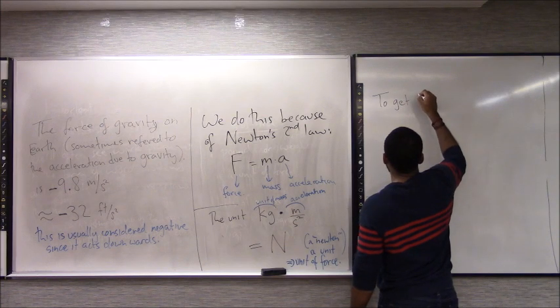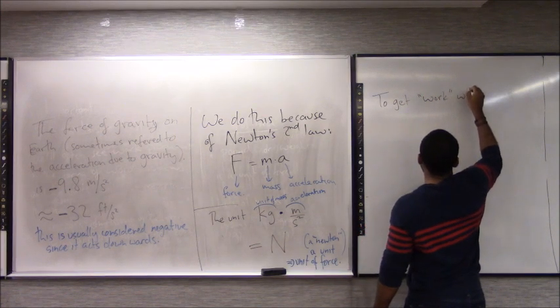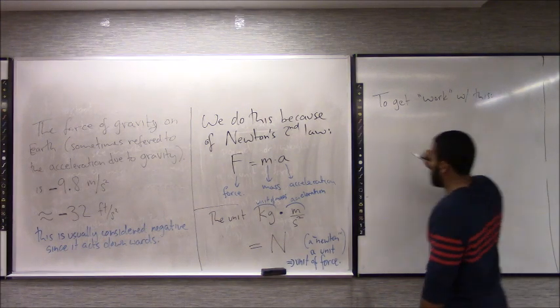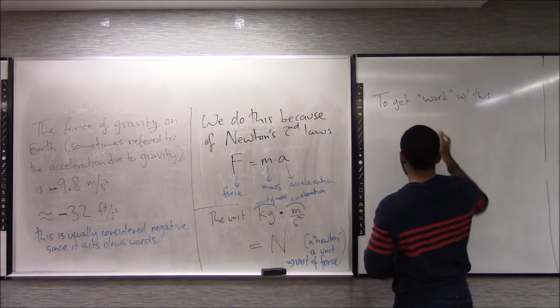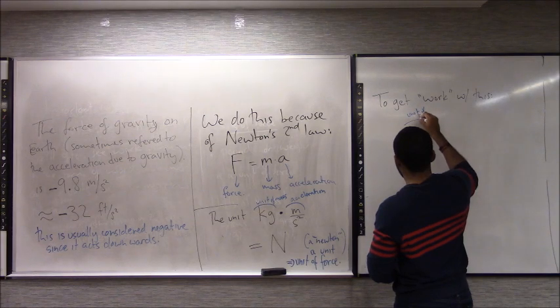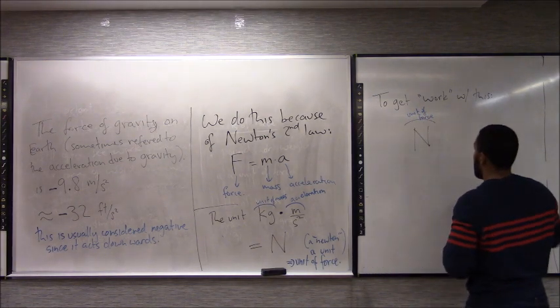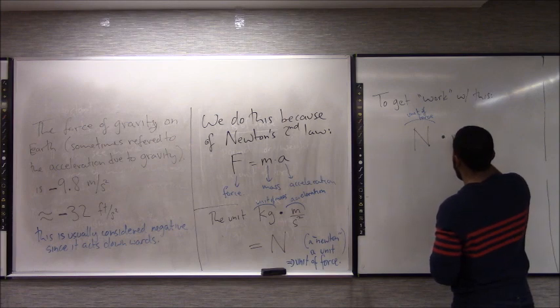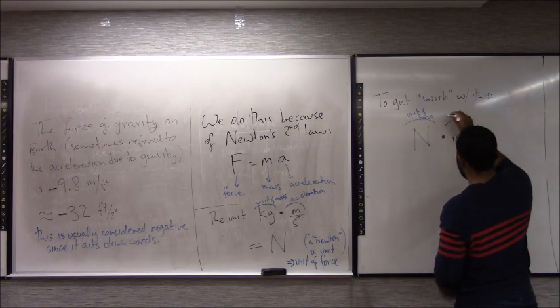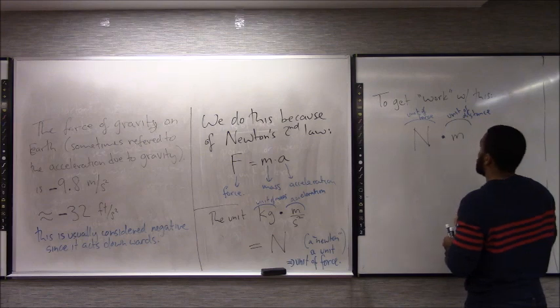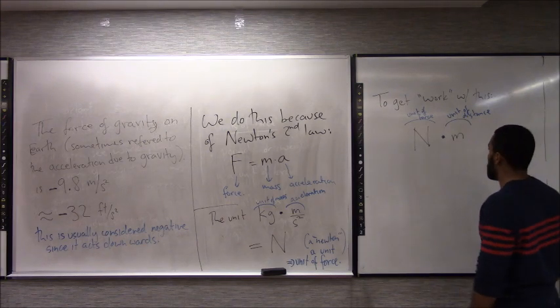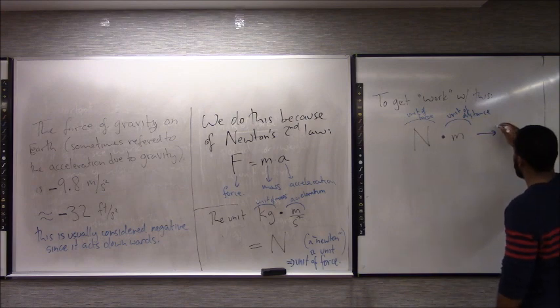So let's say you take the Newton, which is a unit of force, and you multiply that by m, which is a unit of distance. You get what's called the Newton-meter.